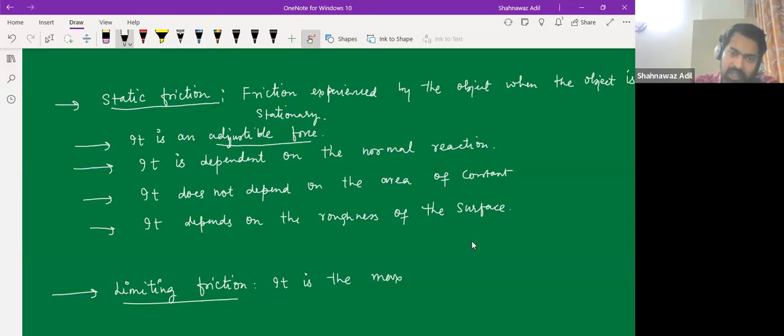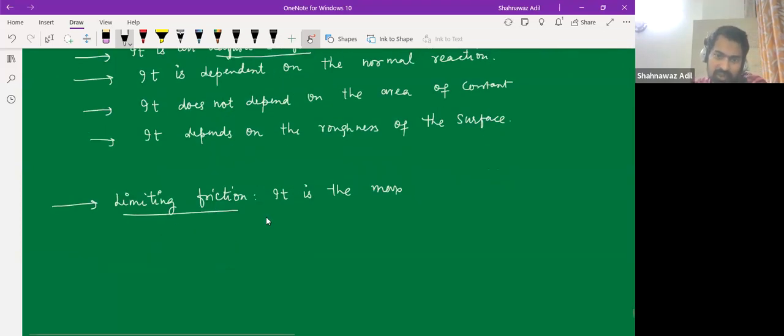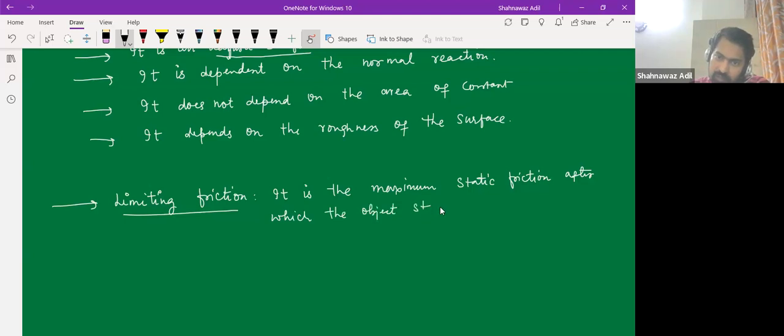Okay, so the next is, what is the limiting friction? It is the maximum static friction after which the object starts to move, right? So this friction tells us how much force we should apply on the object so that the object starts to move, right?